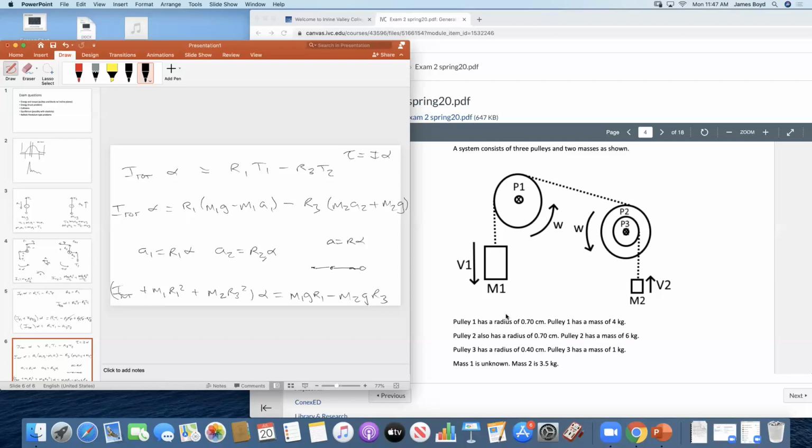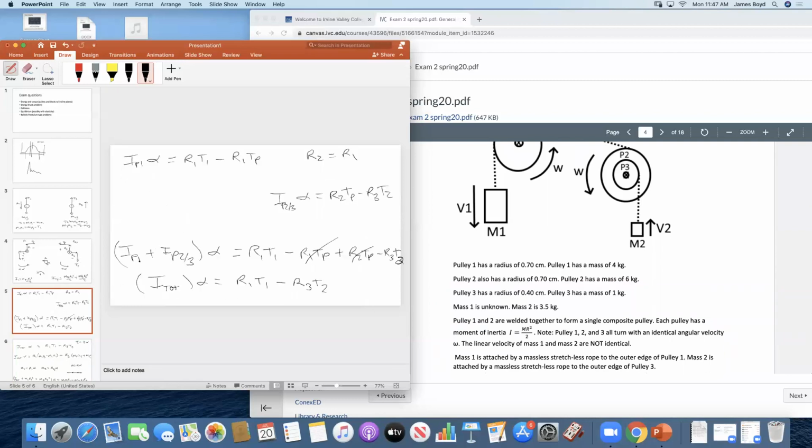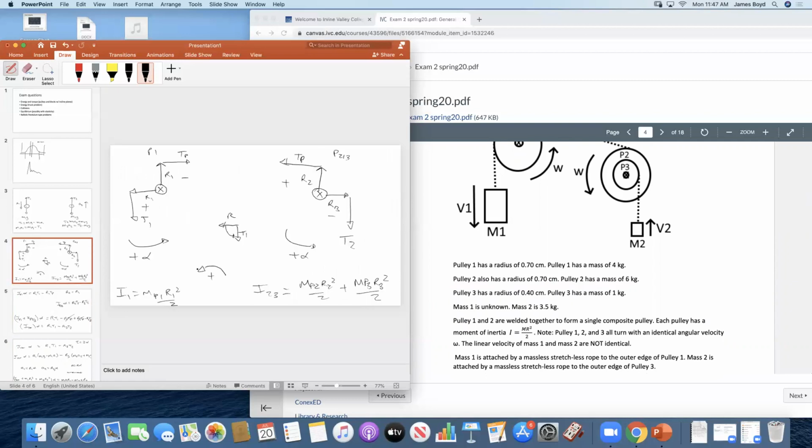Once you've done that, you can see here that we know I total, if we go back, remember it was P1 and P2. So we know the mass of the pulley. We know R. We can find this, we can find this, we can find this. Remember that those are centimeters, so that's 7 millimeters, 4 millimeters. These things are tiny. You're going to find that mostly they don't contribute a whole lot.